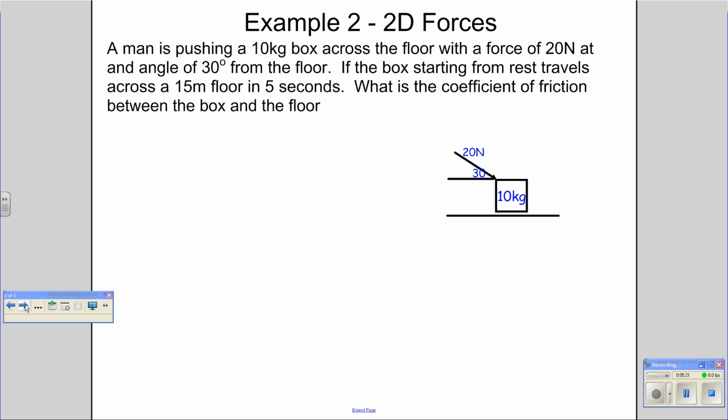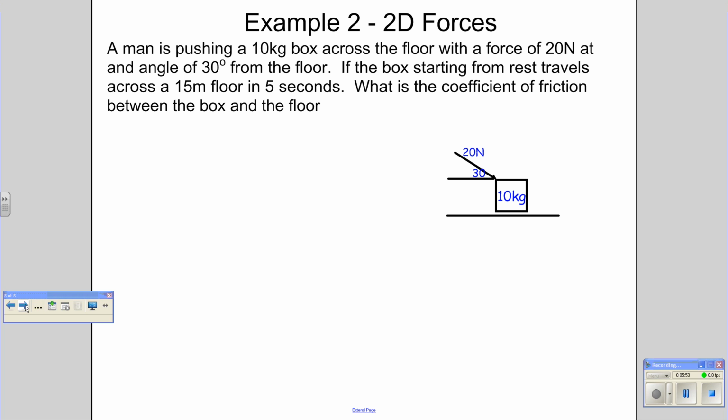Alright, now, this is a second example problem. This is a two-dimensional force. A man is pushing a 10-kilogram box across the floor with a force of 20 newtons at an angle of 30 degrees from the floor. If the box starting from rest travels across the 15-meter floor in 5 seconds, what's the coefficient of friction? Alright, well, let's start by adding to our free body diagram.